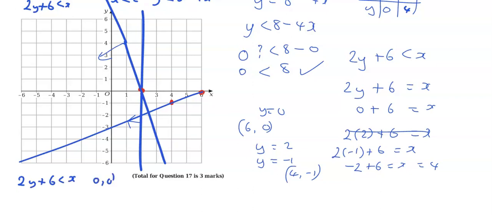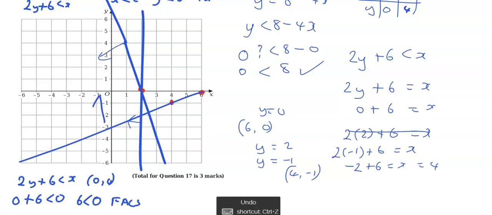Put in the origin. 0 plus 6 is less than 0. 6 is less than 0, that is false. So it means that the origin is not on the wanted side of this line, which means that our wanted side is away from the origin, down there. And my other two arrows went like that.